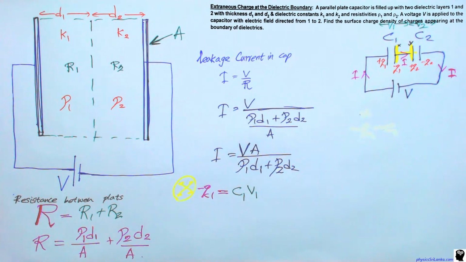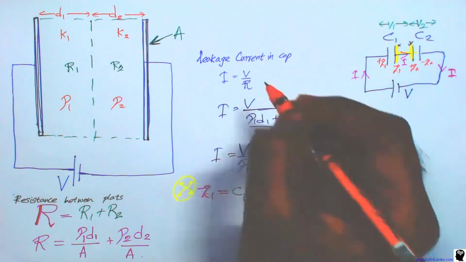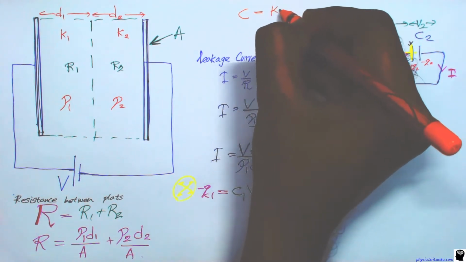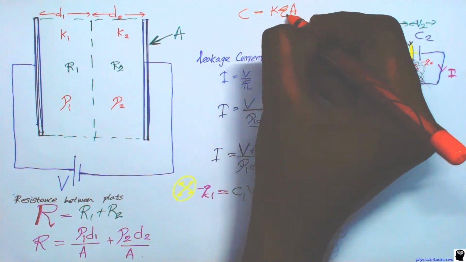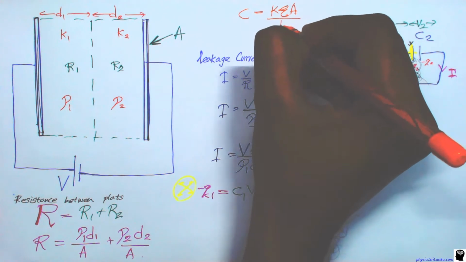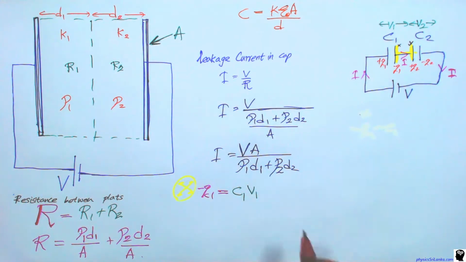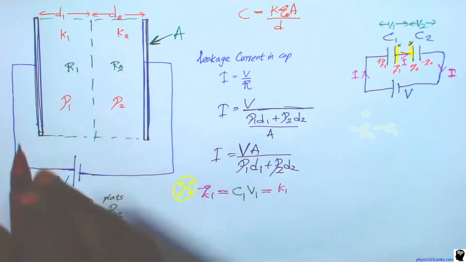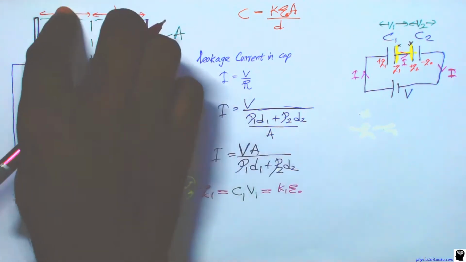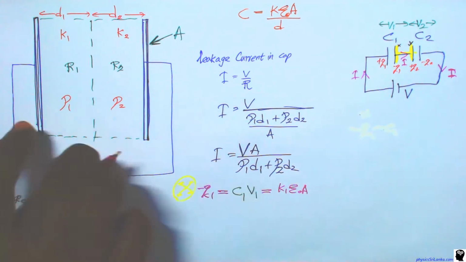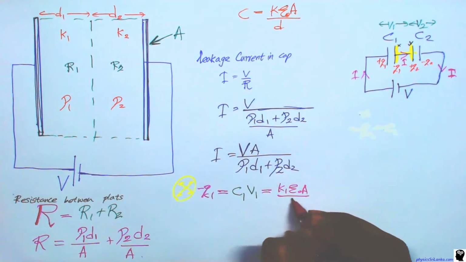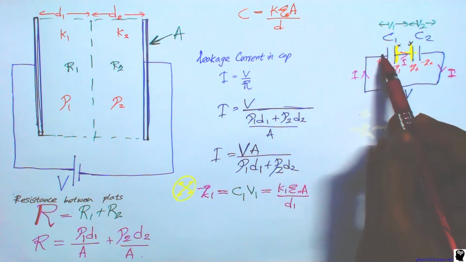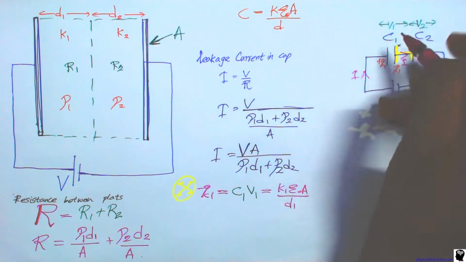We know the capacitance of a parallel plate capacitor is C equals K ε0 A divided by D. So the value of C1 is K1 ε0 A divided by d1, multiplied by the potential difference V1 across capacitor C1.